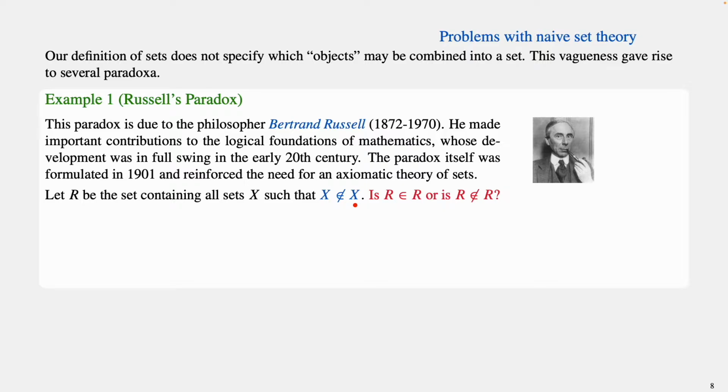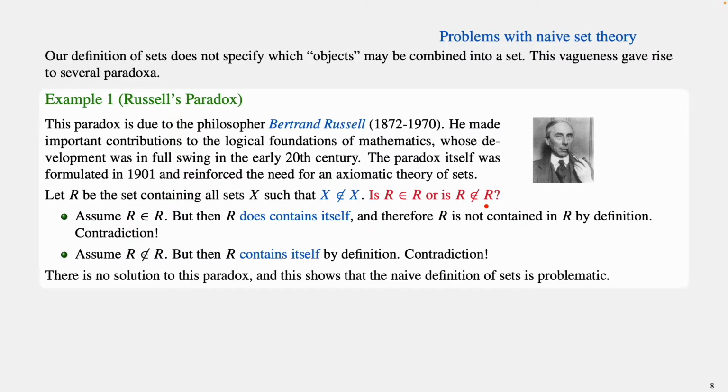Okay, that's maybe something you need to get your head around first, what is meant here. We have a set R that contains other sets as elements, and these sets should have the property that they do not contain themselves as elements. Now the paradox comes from the question, is the set R an element of R or is it not?